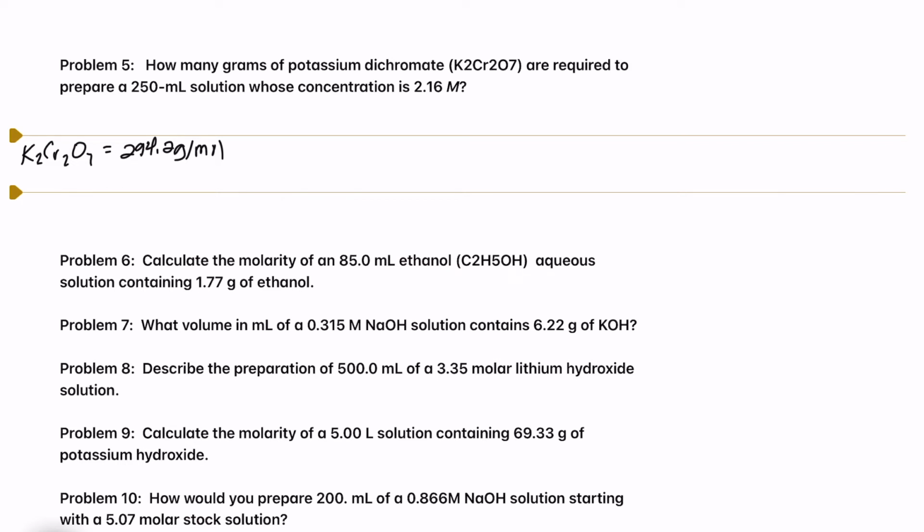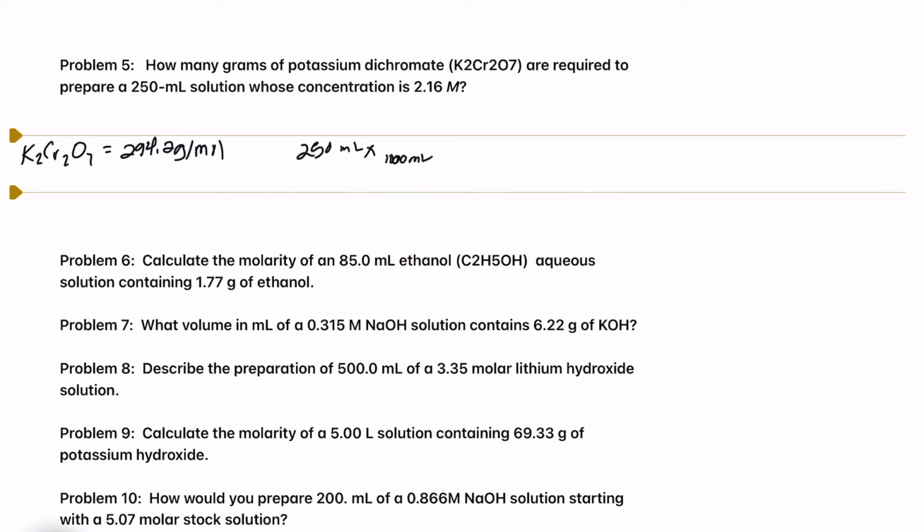But the molecular weight of potassium dichromate is 294.2 grams per mole. So with that in mind, we're looking for how many grams of potassium dichromate are required to prepare this molarity of solution, and only 250 milliliters of this solution.